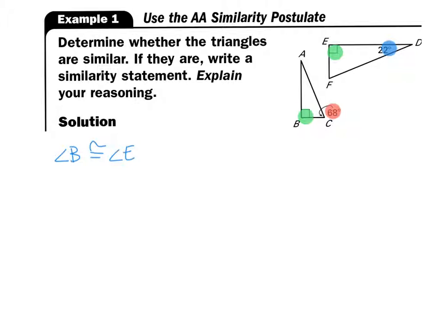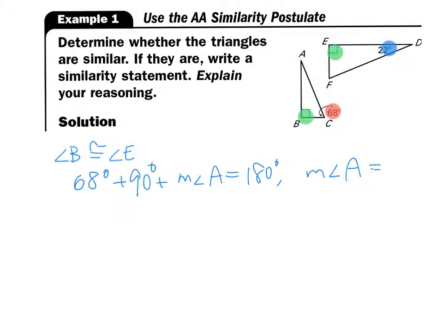However, by the triangle sum theorem, in triangle ABC, 68 degrees, which is angle C, plus 90 degrees, which is angle B, plus the measure of angle A should add up to 180 degrees. Because of that, the measure of angle A is 22 degrees, and that happens to be congruent to angle D in the other triangle.